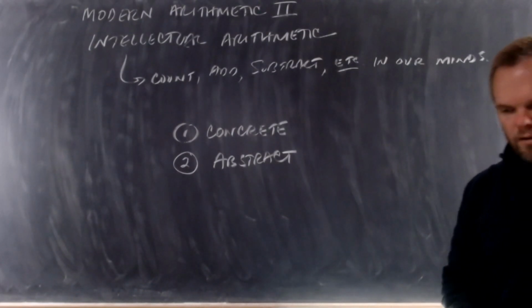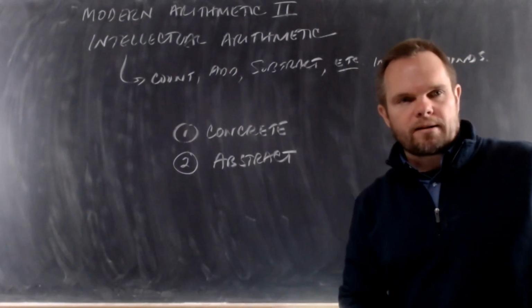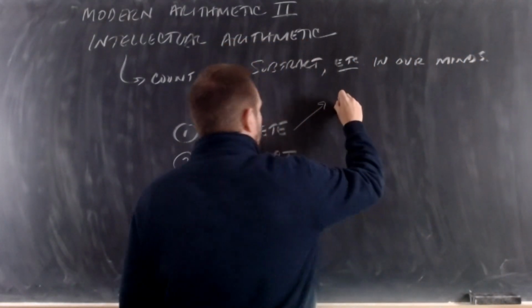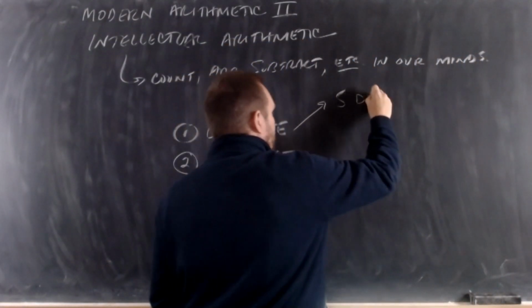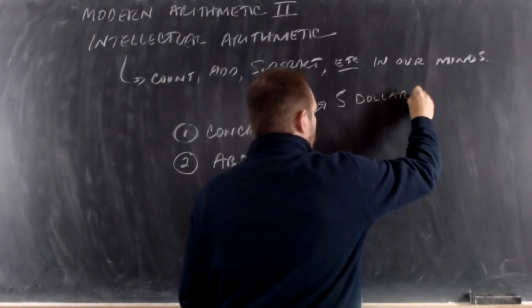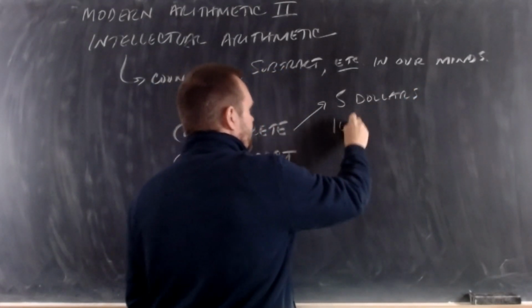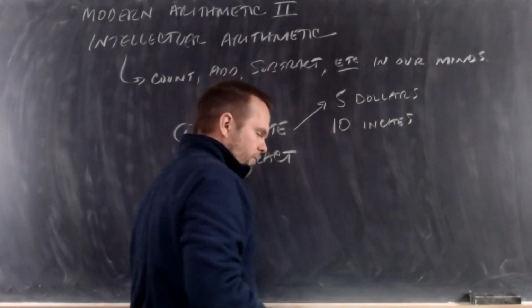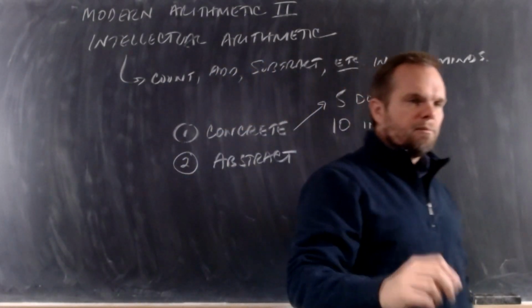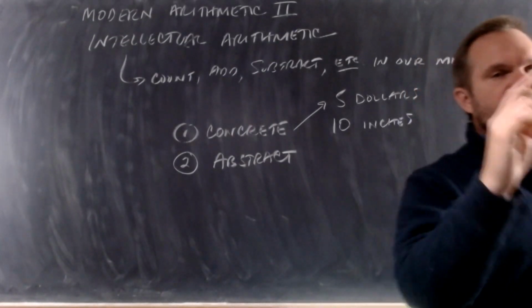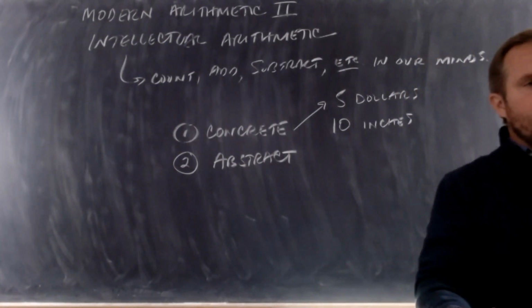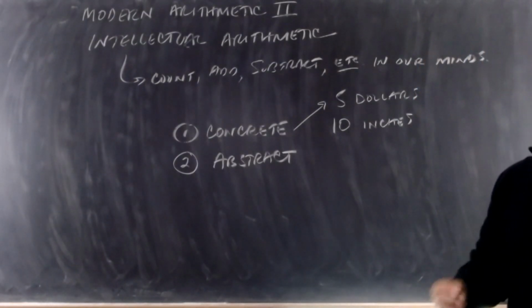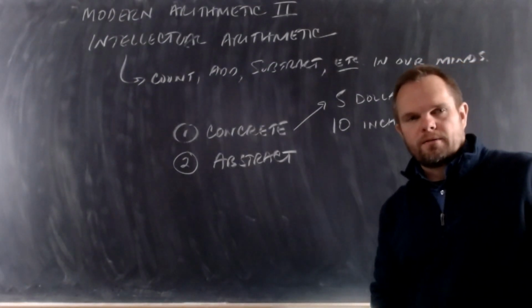We think about specific objects. All right, so I may say $5, 10 inches. Okay, when we talk about concrete numbers, we think about and talk about, maybe even handle objects, units, and so on.